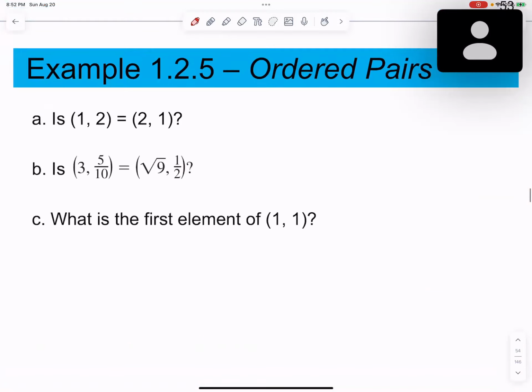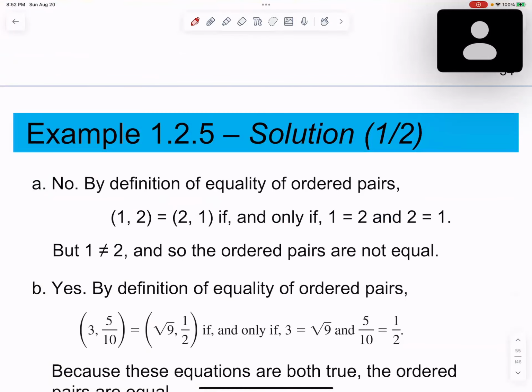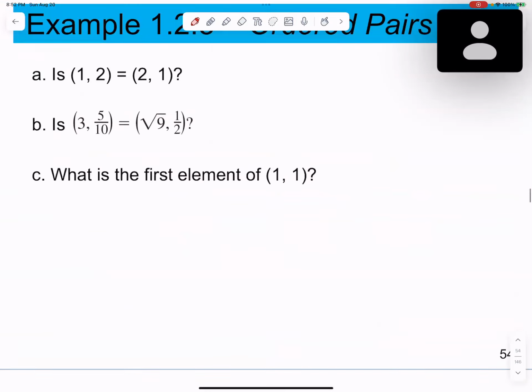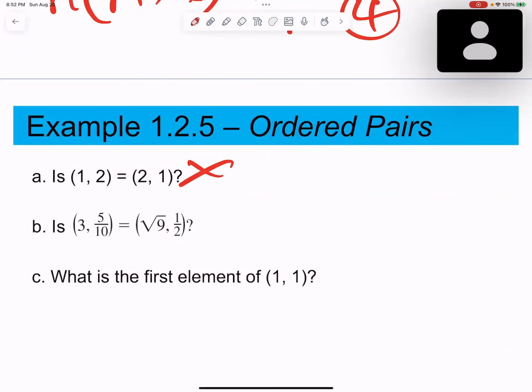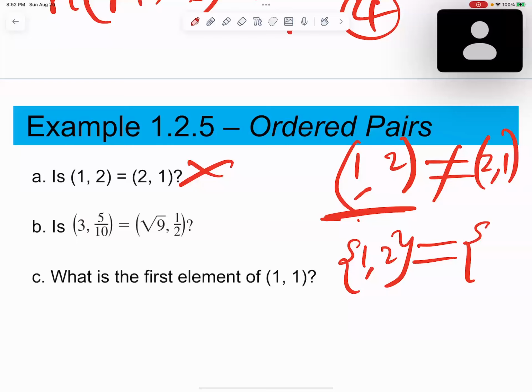Okay. So right here, by definition, this one, it's not right. Because ordered pair (1, 2) will never be the same as (2, 1). Note, I'm using parentheses here, but if I use set notation, this is actually the same.